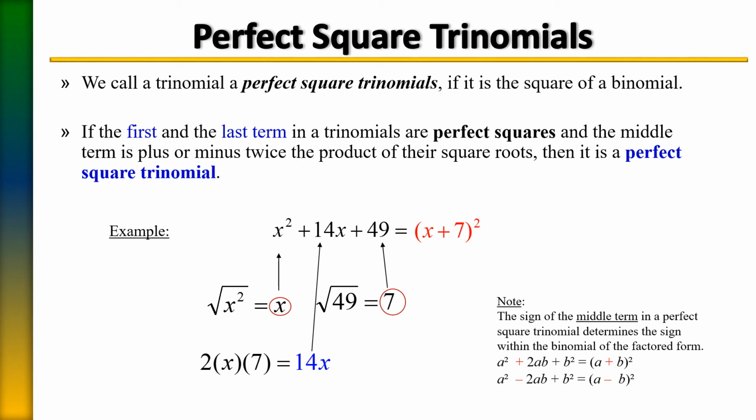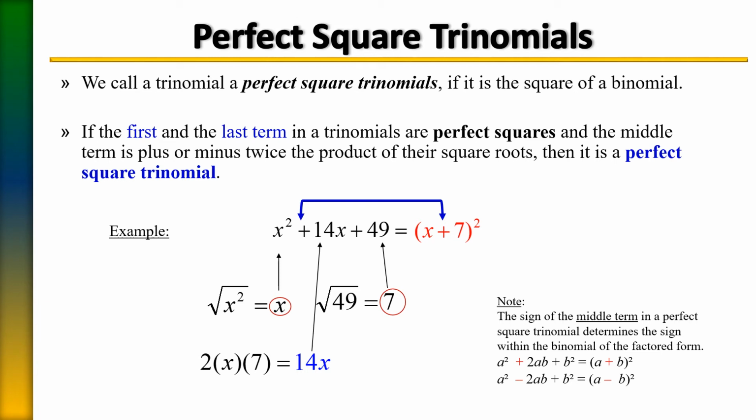Now, if you wonder where the sign comes from, just keep in mind that the sign will always be the same as the middle term. So the sign inside the binomial will always be the same as the middle term.